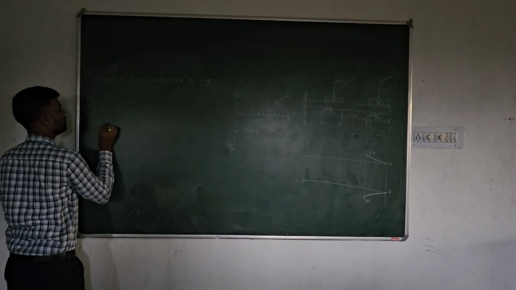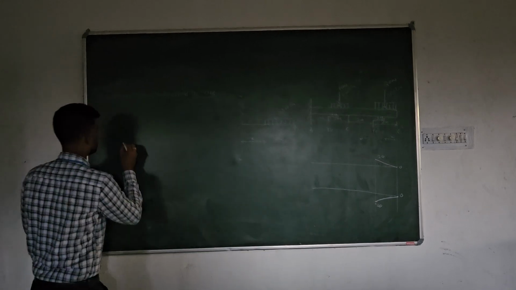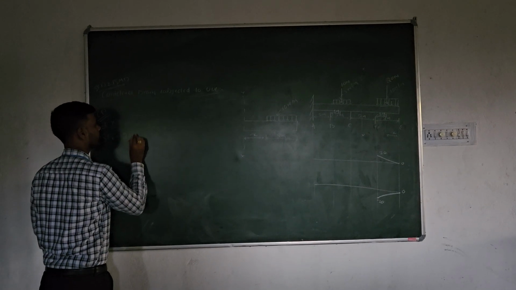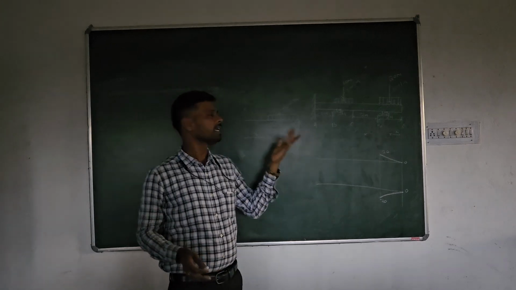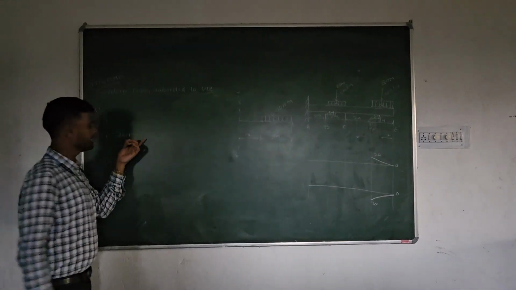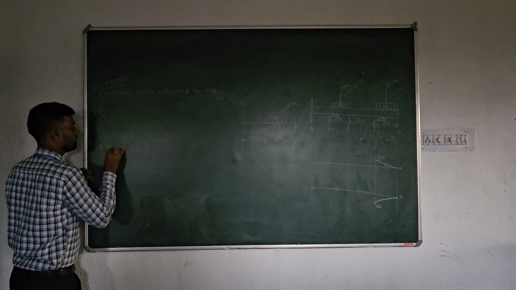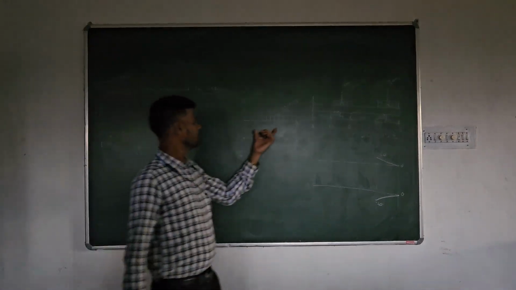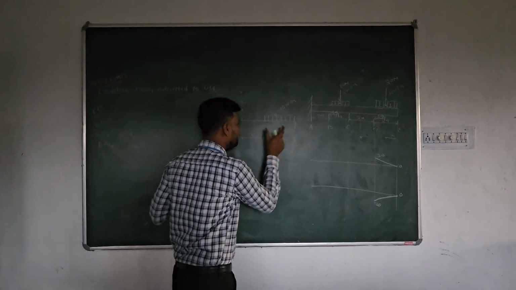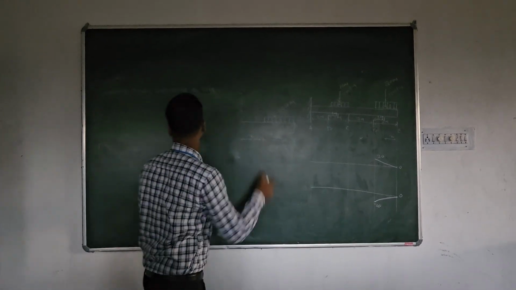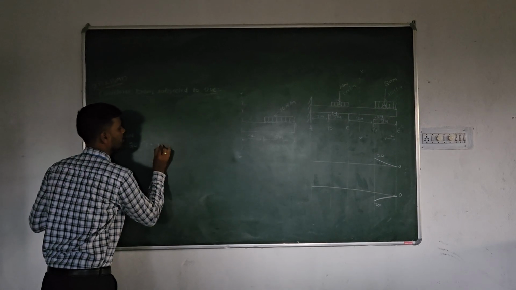SF at x is equal to this force value, 10 into 2, 20 Newton. And as from here to here no force is there, nothing will be added into this shear force. Bending moment at x is equal to 20, acting at the midpoint, so 20 into 1 plus x.